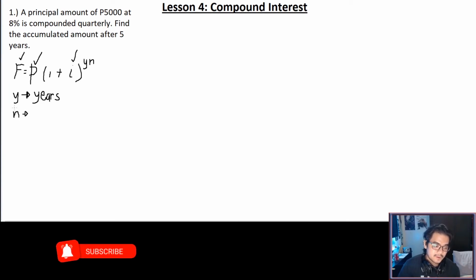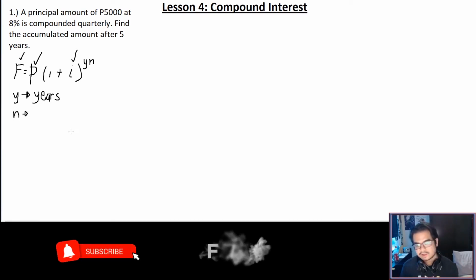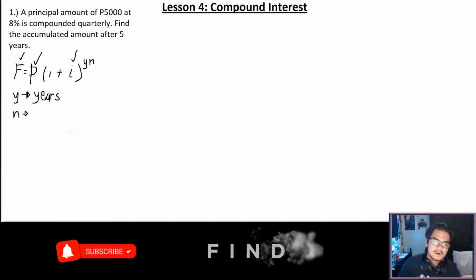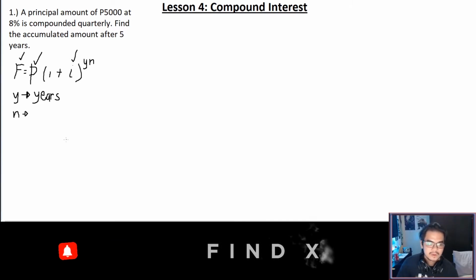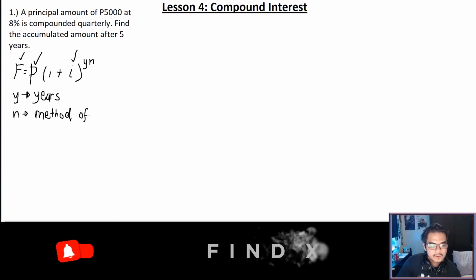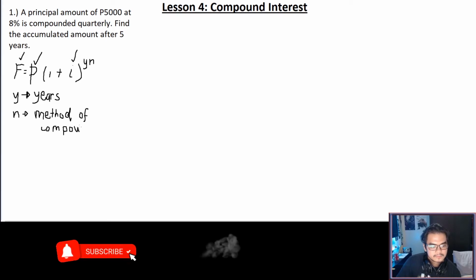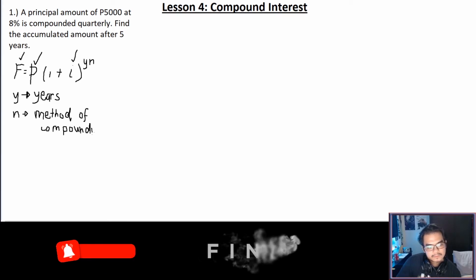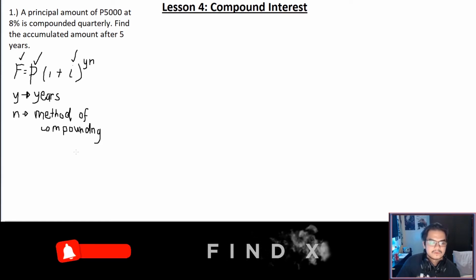The value of n depends: if it is quarterly, you have 4, annually 1, semi-annually 2, and so on. This is your method of compounding.